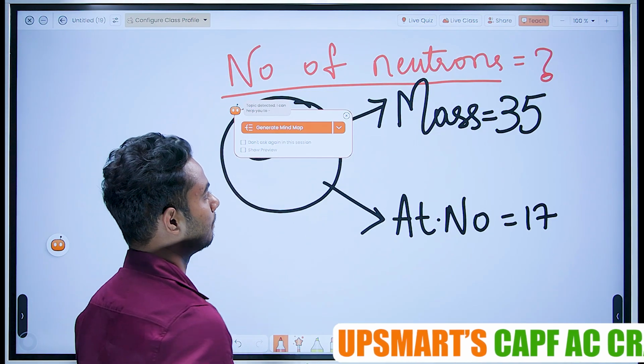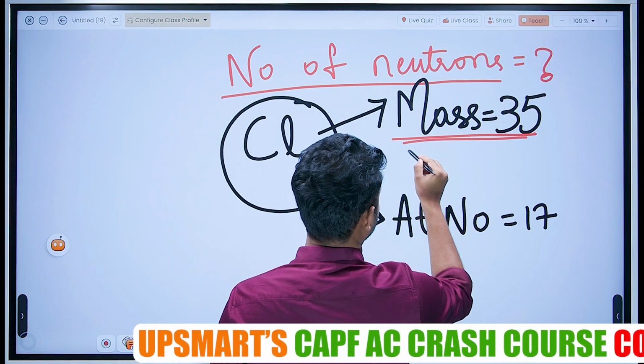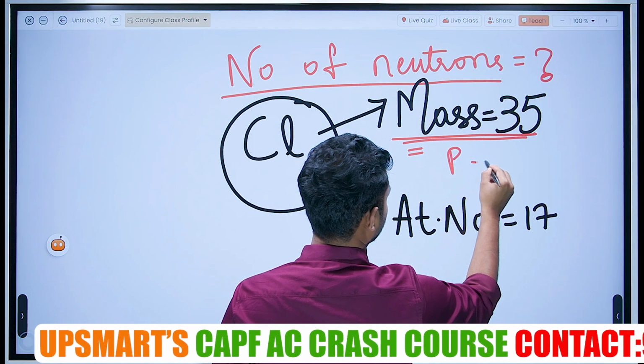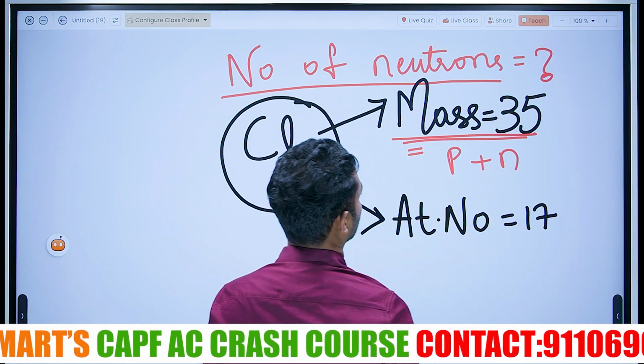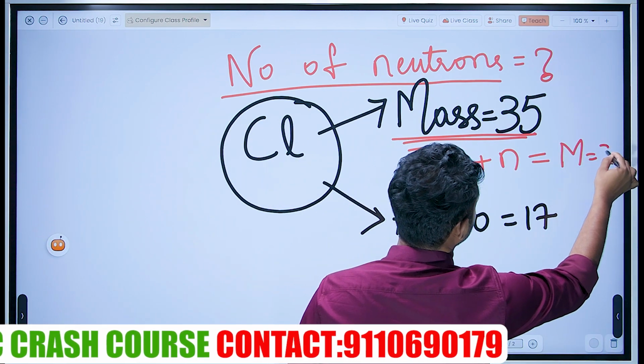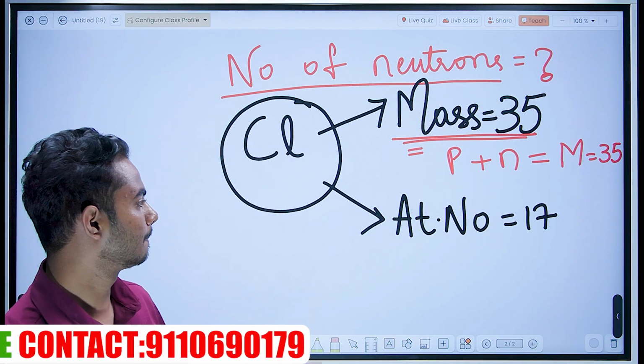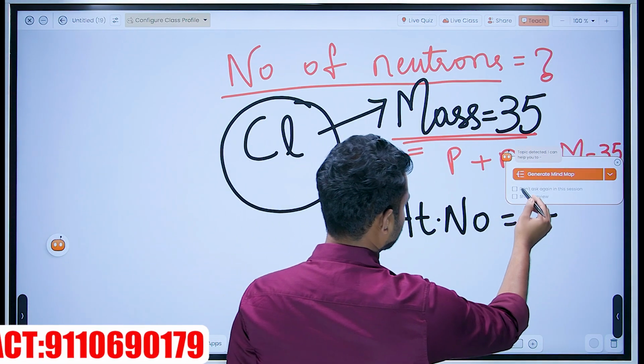I told you mass number is equal to protons plus neutrons. Protons plus neutrons give rise to mass number. That is M, that is equal to 35. Easy with this. We know this concept now. And atomic number is equal to 17.